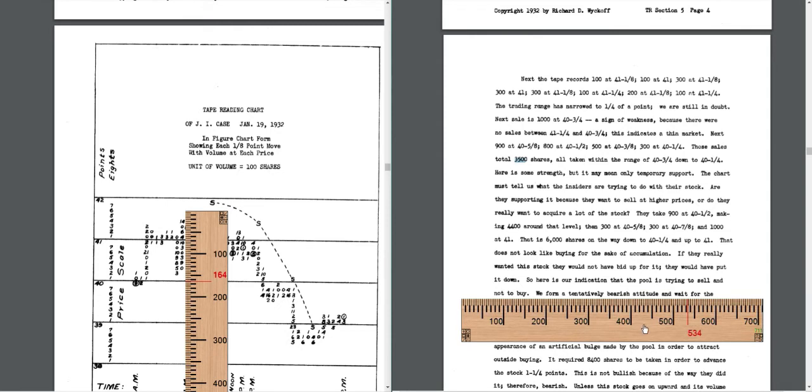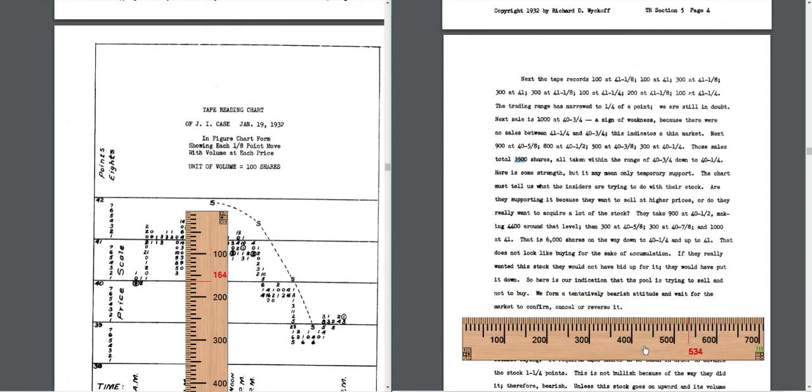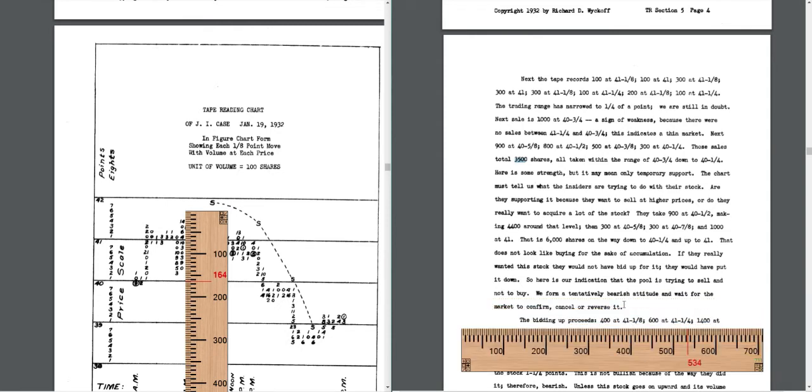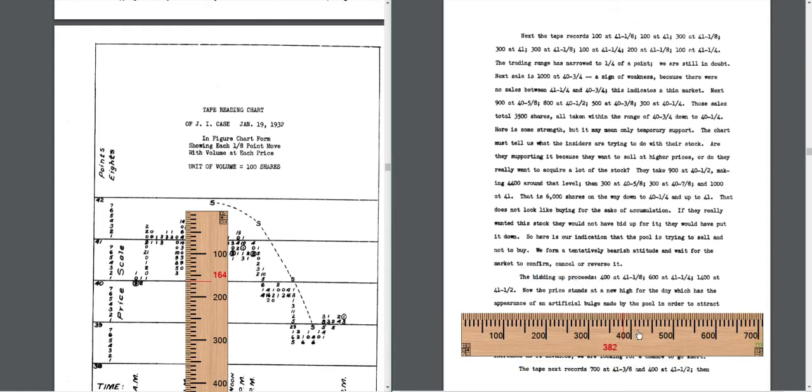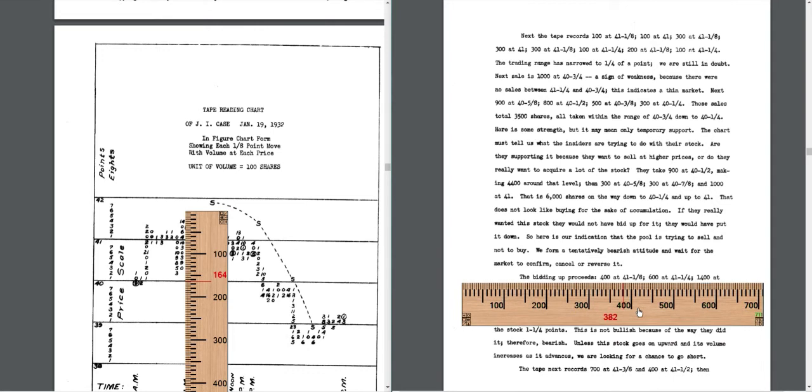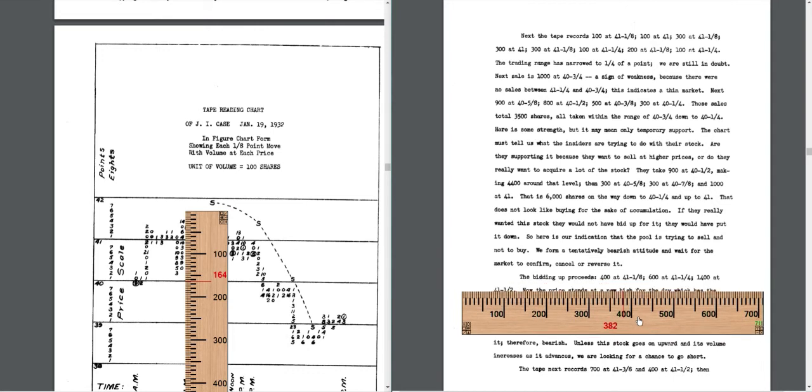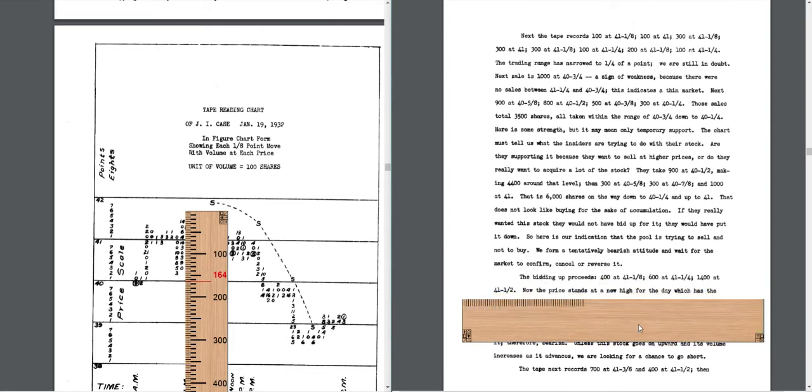So here's our indication that the pool is trying to sell and not to buy. We form a tentatively bearish attitude and wait for the market to confirm, cancel, or reverse it. The bidding up proceeds. So this is bidding up. Alright, so bidding up, meaning you bring it higher and you basically distribute higher. So bidding up proceeds 441 1/8, 641 1/4, and then 1,400 here.